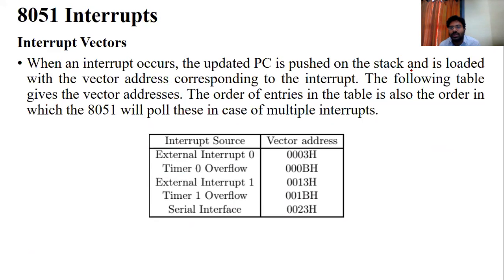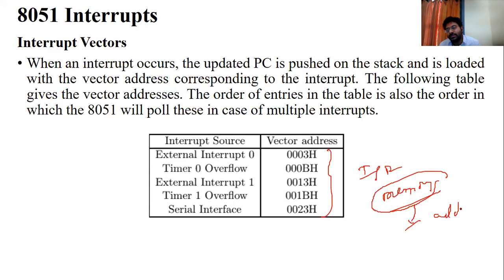Interrupt vector. When the microcontroller accepts an interrupt, it goes to the interrupt subroutine memory location. Whenever you call the memory, it must have some addresses. Once the addresses are available, it is easy for the microcontroller to jump to those memory locations.